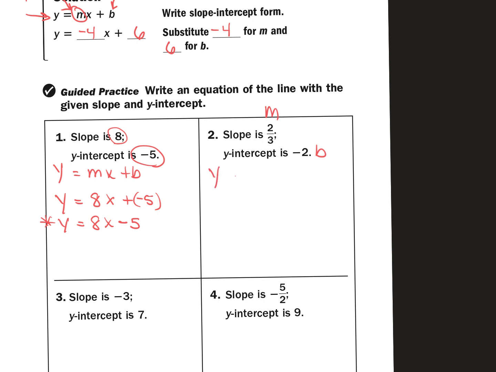Again, the equation is y equals mx plus b, and you must write the equation to get full credit. So our slope is 2/3, so y equals 2/3 x, and our intercept is -2, minus 2, and this is our answer.